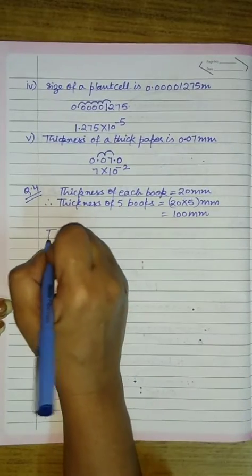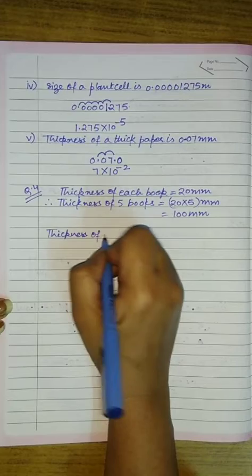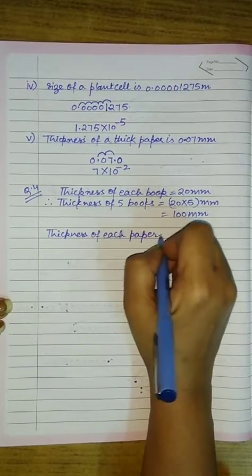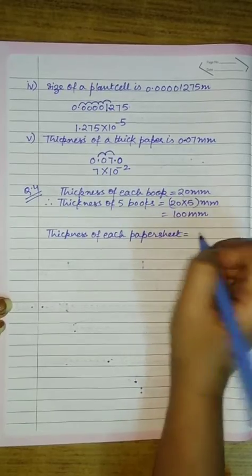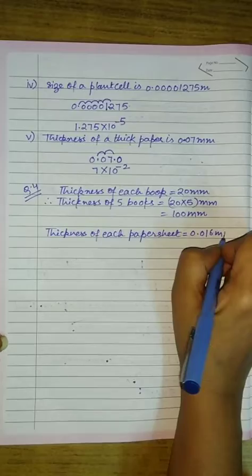Now, we are given thickness of each paper sheet is equal to 0.016 millimeter.